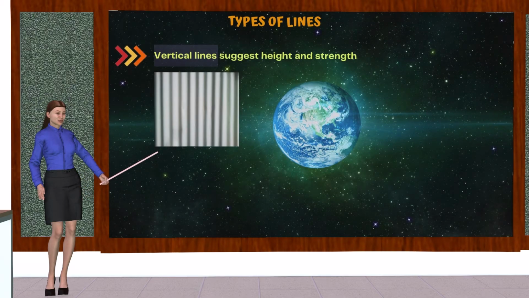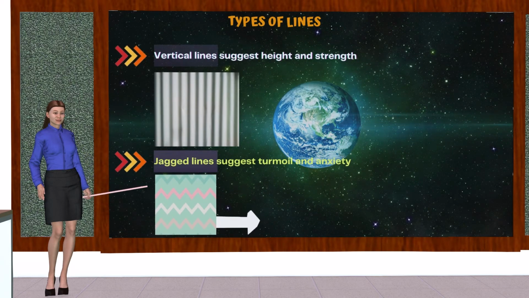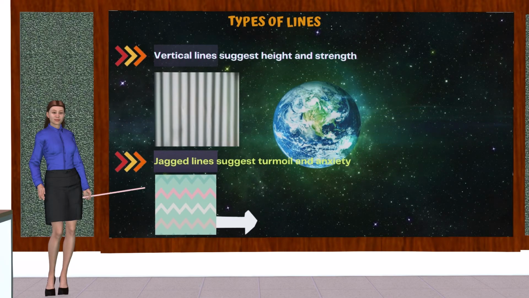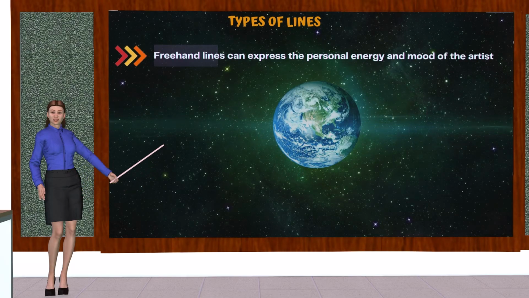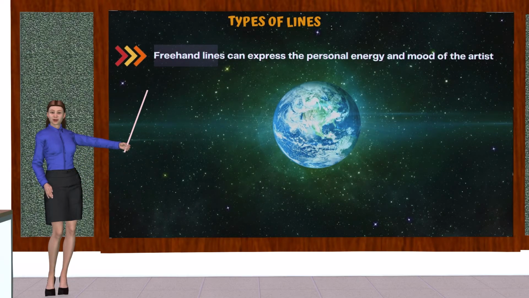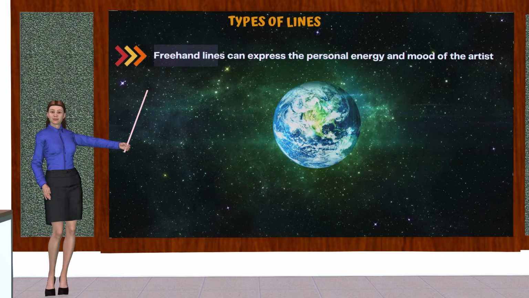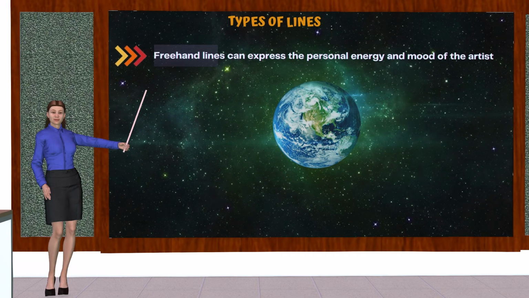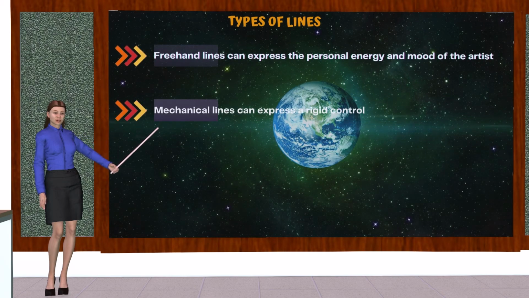Vertical lines suggest height and strength. Jagged lines suggest turmoil and anxiety. We also have the freehand lines. Freehand lines can express the personal energy and mood of the artist. Next are the mechanical lines. Mechanical lines can express rigid control.